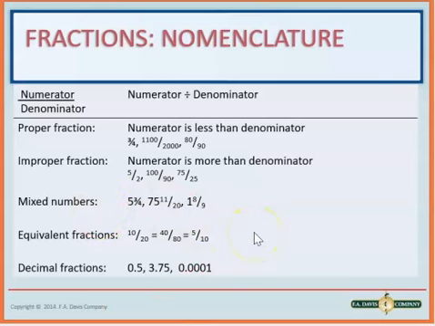Equivalent fractions are fractions that have different numerators and denominators, but they ultimately represent the same value. And then finally, decimals are just fractions represented with a decimal versus in fraction form. For instance, the example of 0.5, that's the same thing as 1/2.